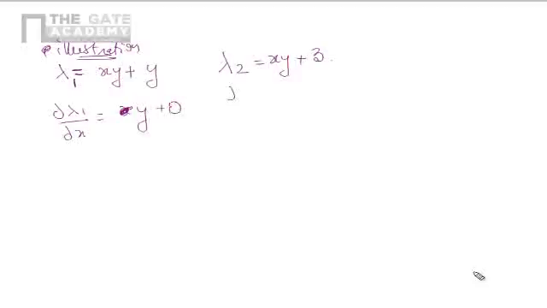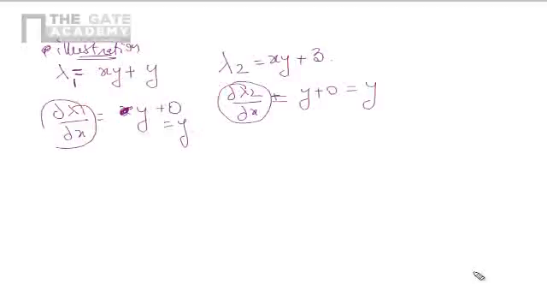Dou lambda 2 by dou x is what? This will also give me y plus 0. So this is also y. This is also y. Now, if I have to find what is lambda by looking at this, how will you find? Dou lambda 1 is nothing but y dou x. So lambda 1 is nothing but integral of dou lambda 1.